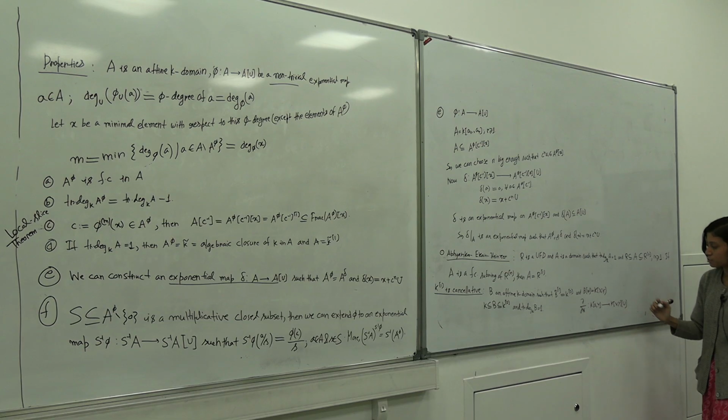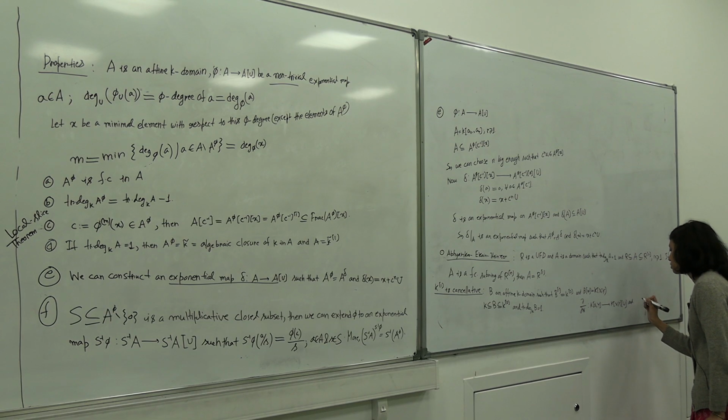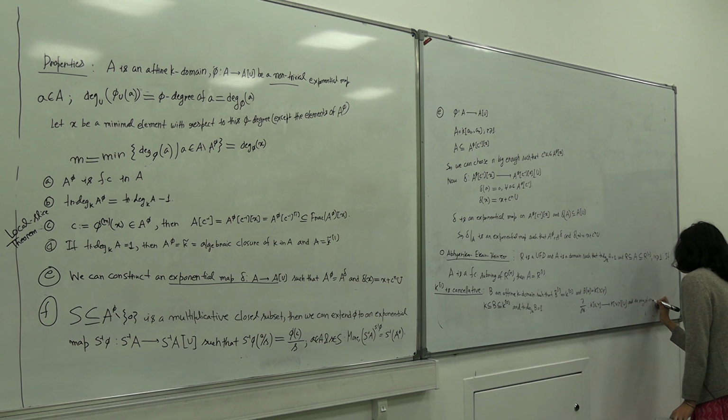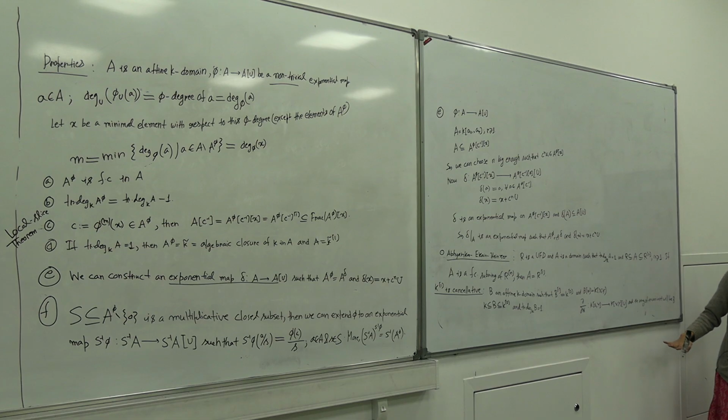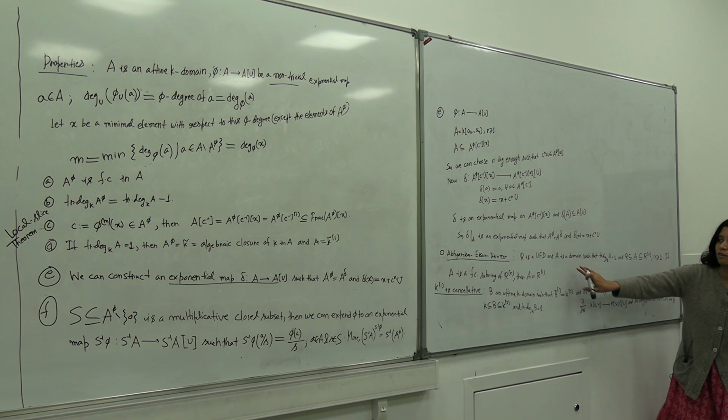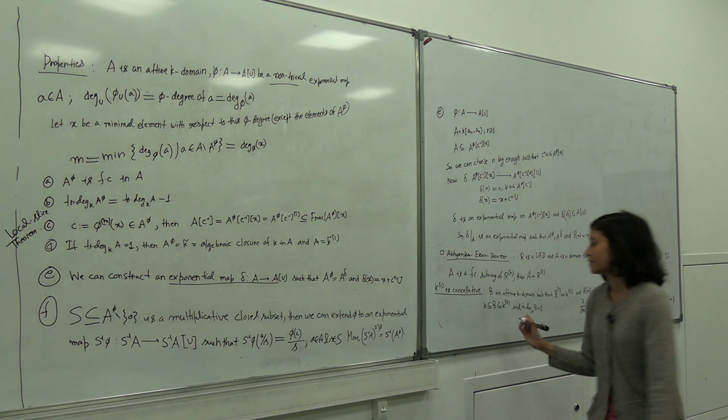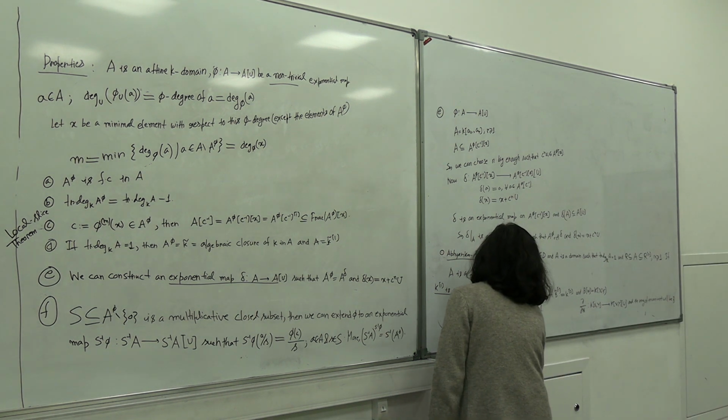And for this exponential map, the ring of invariants will be B actually. So this will imply that B is factorially closed also. And so with the help of this theorem, we can conclude that B is K[1].